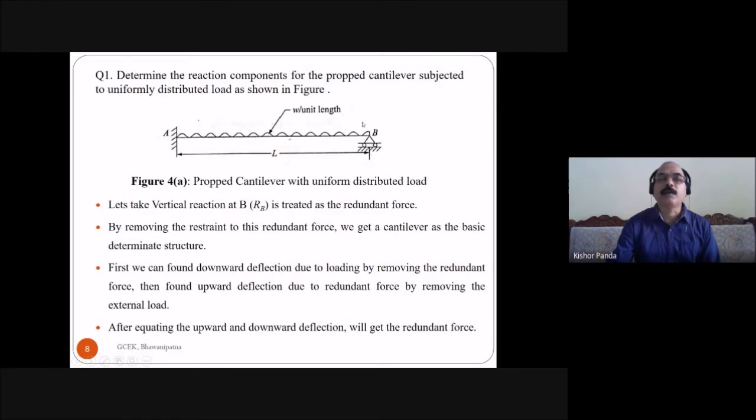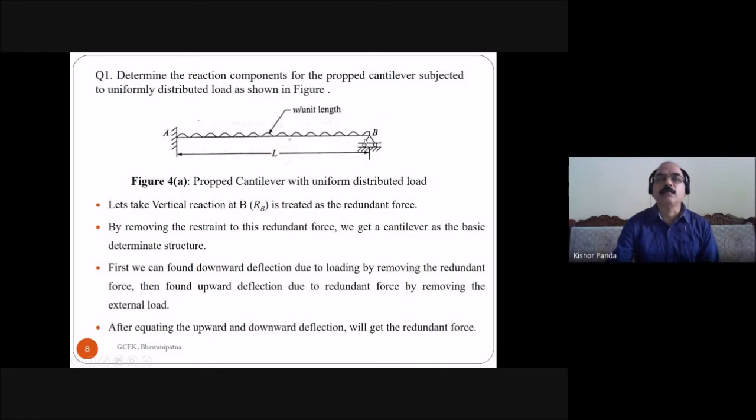But from the consistent deformation method, from the consistency criteria, the net deflection at B is equal to 0, because due to the downward load and this support, there is no deflection at B. So this is the additional equation you have to take: the net deflection at B is equal to 0.